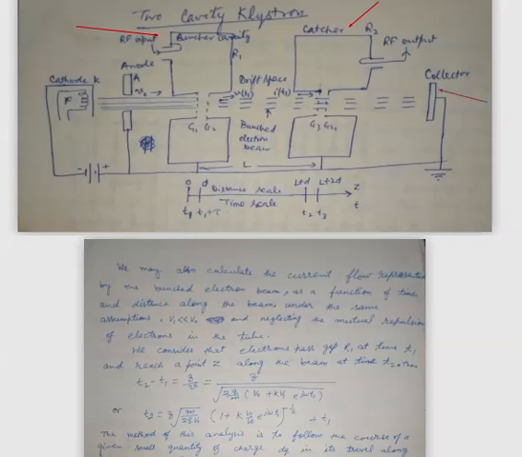Here we will also assume that electrons entering the grid G1 at time t1 will pass through the grid G2 at time t1 plus tau, where tau is the transit time required in crossing the grids, and after that these electron bunches will pass through the catcher cavity grids at some later time.